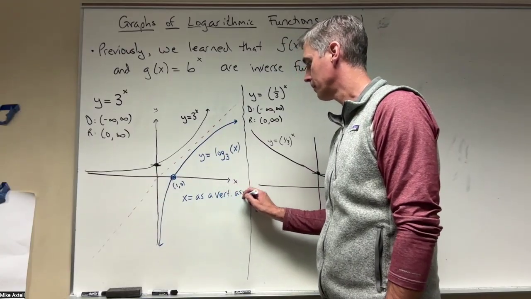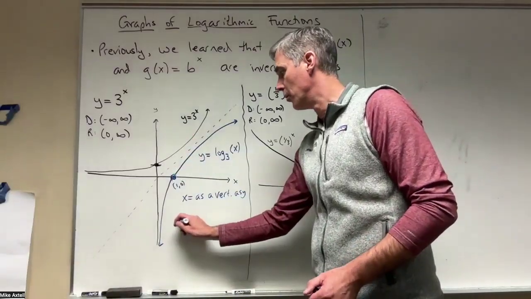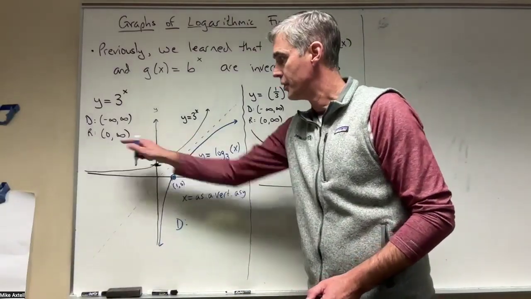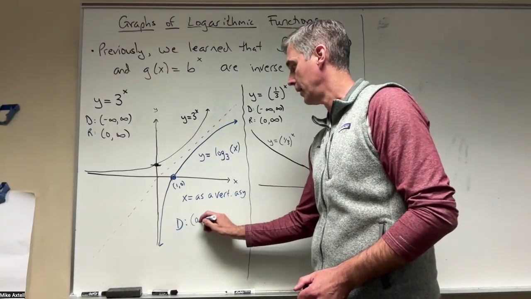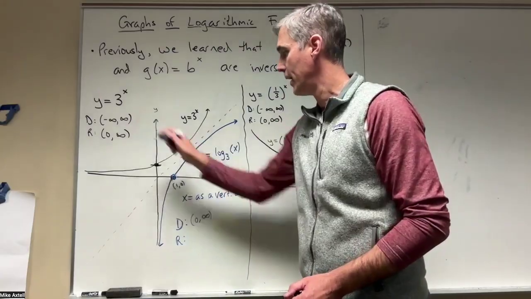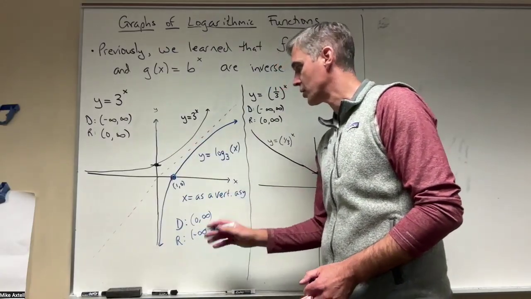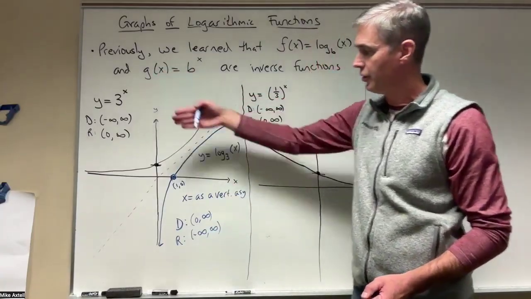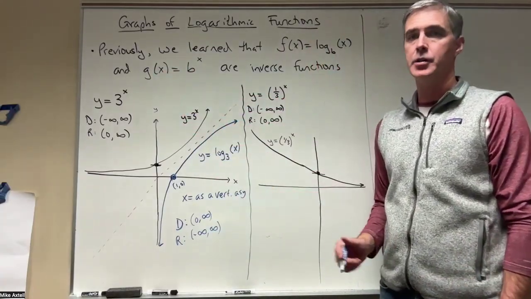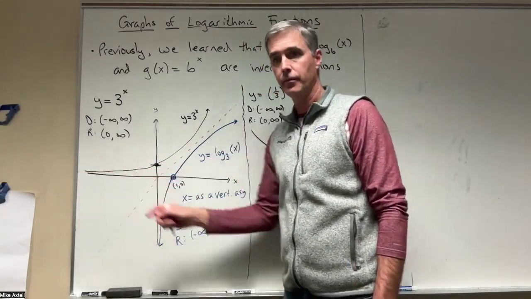And I would note it has x equals 0 as a vertical asymptote. Also, and we talked about this before, the domain is the range of 3 to the x, and the range is the domain of 3 to the x, right? Our domains and ranges switch spots when I go from the function to its inverse. So 3 to the x had a horizontal asymptote at y equals 0.